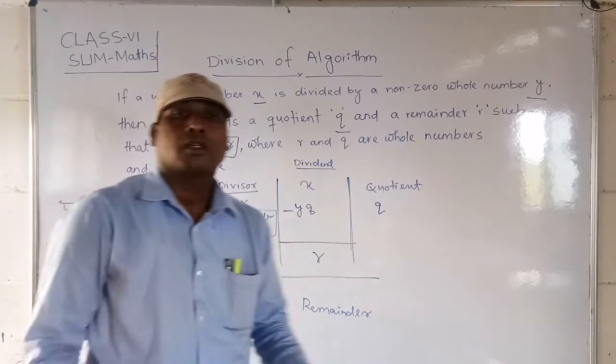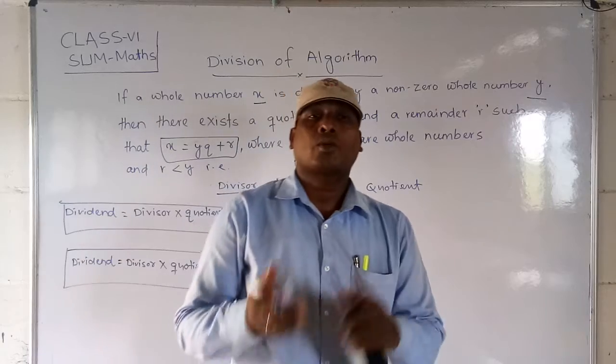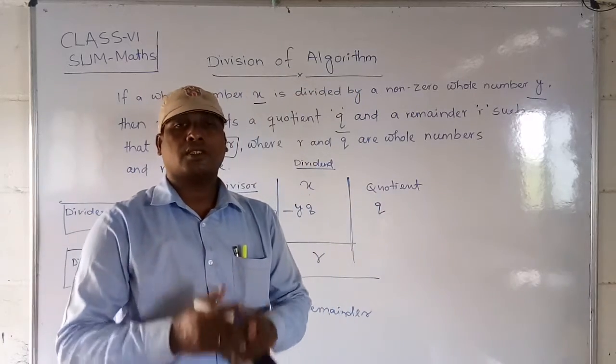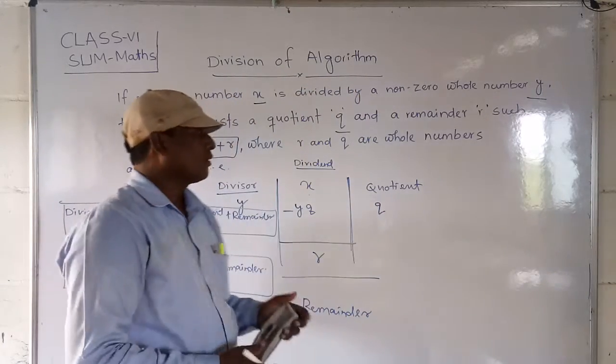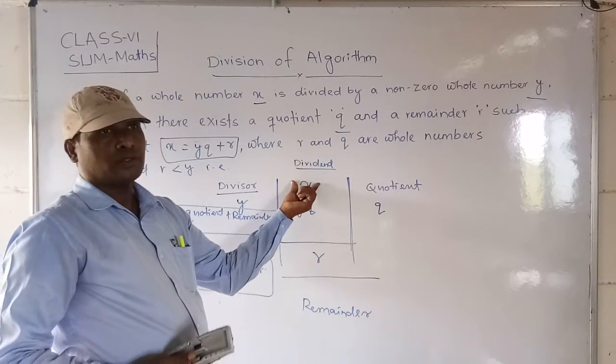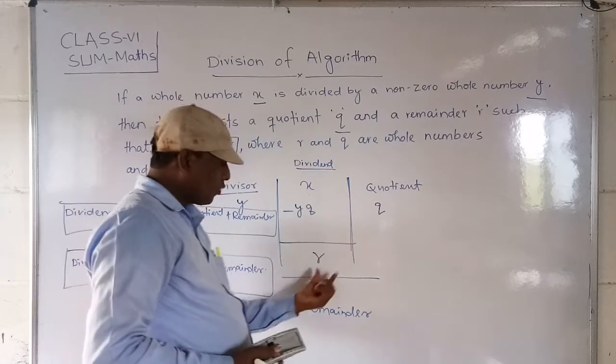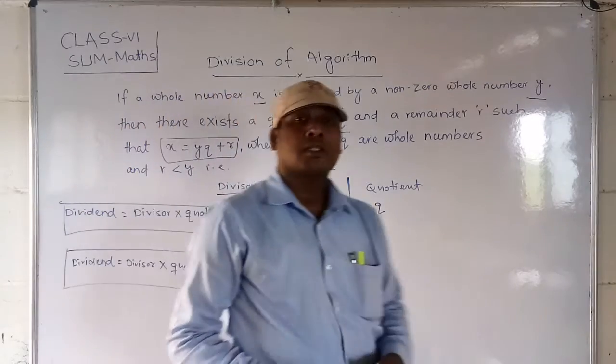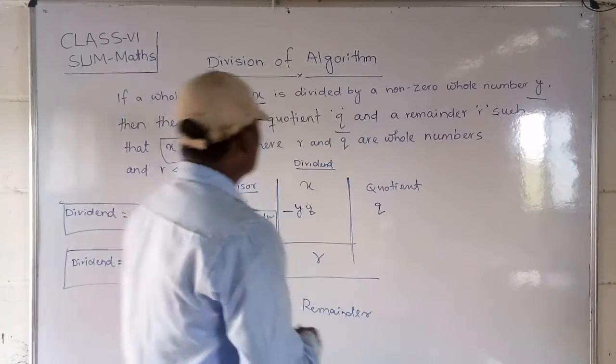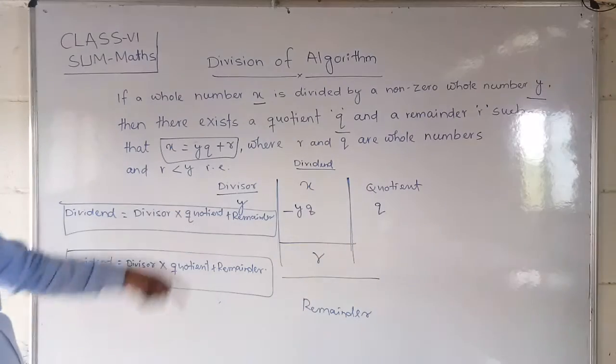Are you clear, friends? That means whenever you want to get the dividend, you multiply the divisor with the quotient and add the remainder, then we get the dividend. So I hope you have understood the division algorithm.